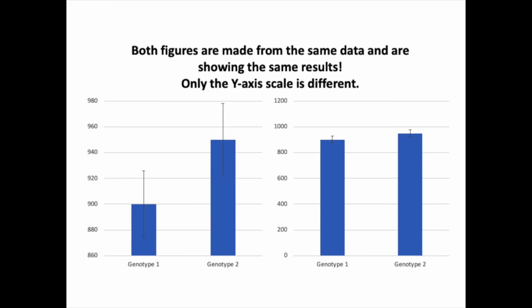If you present it as 850 to 1000, that could be misleading because it's going to make the distance between those two lines much greater than they would be if you started the scale at 0 and went up to 1000. So think very carefully about how you design the figures for that purpose.